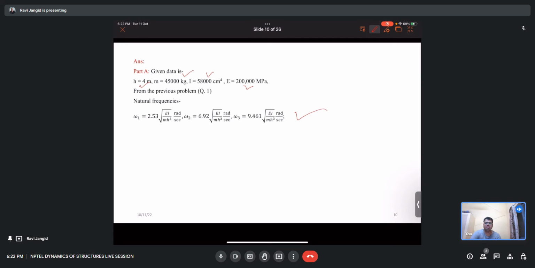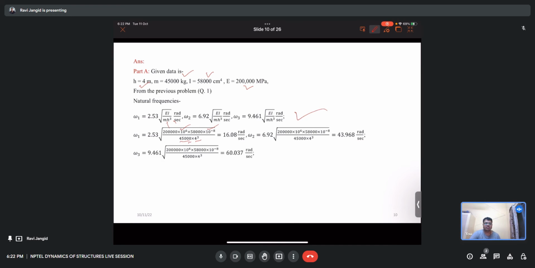So we have the EI value, mass value, and H, the height of the story, and if we put these values for omega 1, omega 2, omega 3, I get omega 1 as 16.08, omega 2 as 43.968, and omega 3 as 60 radian per second.